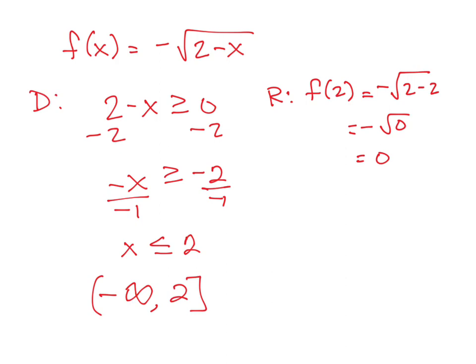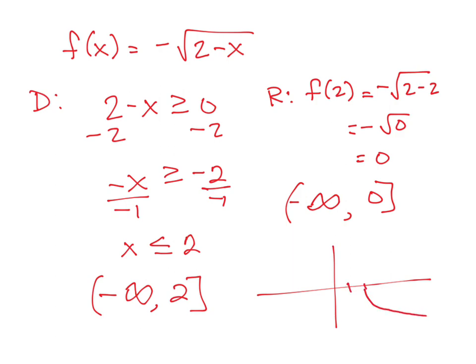So the range is going to be going negative infinity to 0. Graphically, this guy looks like this. X is everything to the left of 2. And the range goes from negative infinity to 0.